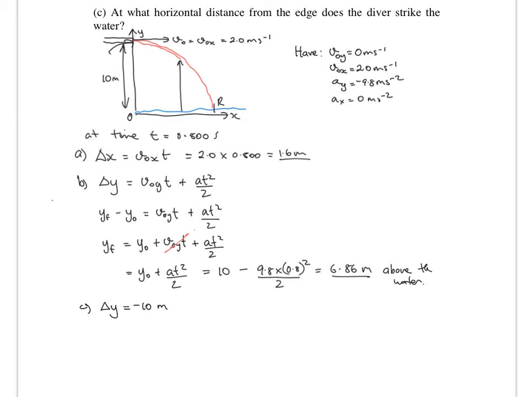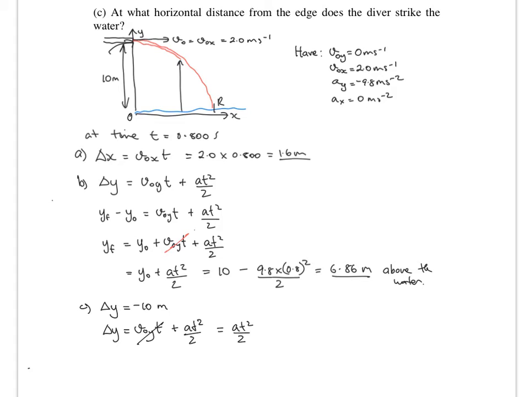Right. So we can use our equation of motion, delta y equals v naught y t plus a t squared on 2. Again, we get rid of this part because we've got no initial component there. So we get a t squared on 2.